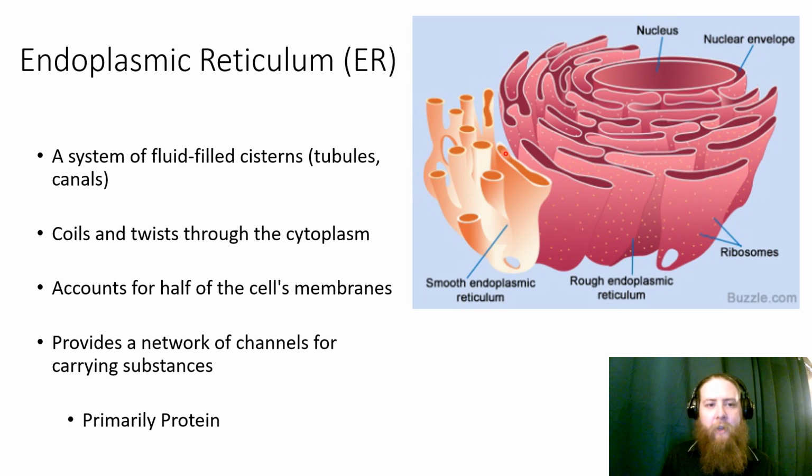They are going to coil and twist through the cytoplasm, and this endoplasmic reticulum is about half of the cell's membranes, because anytime you have these tightly wound structures, they're increasing their surface area, so there's a lot more membrane here than it looks like. This provides a network for carrying substances. I like to think of it as a factory assembly line. Mostly the thing that we're making is protein. That's why we have all these ribosomes.